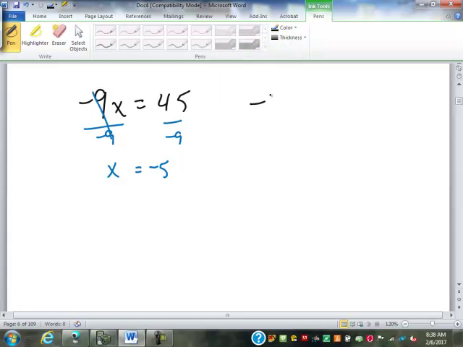Or we might have negative 12 plus y equals 3. What do we have to do there? It's a negative 12, so we can either add 12 or subtract a negative 12. We're going to just add 12 to get that y equals 15.